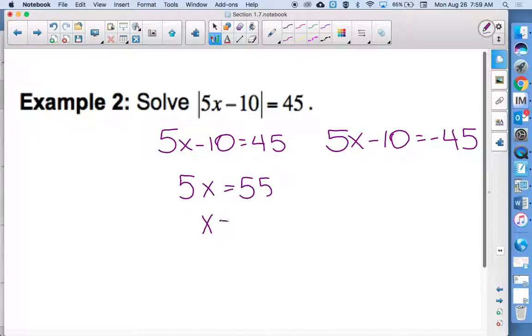X equals 11 and x equals negative 7. And again, doing a quick mental check. 5 times 11 is 55, minus 10 is 45. The other one, 5 times negative 7 is negative 35, minus 10 gives us negative 45. But once you take the absolute value, you go back to the positive 45. Any questions?